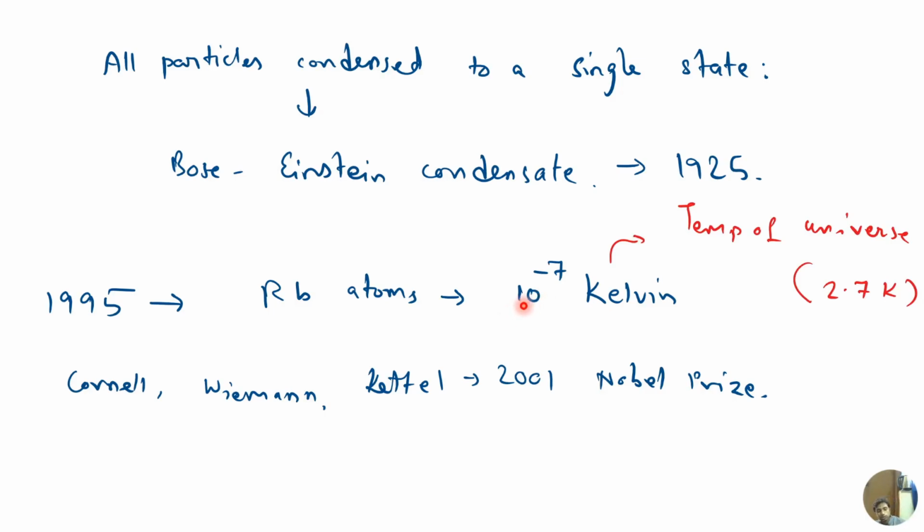It was first shown by Cornell, Wieman and Ketterle, and because of that they got the 2001 Nobel Prize. 2.7 Kelvin is the temperature of the universe, and going lower than that is a very big technological challenge. So even though the Bose-Einstein condensate was predicted in 1925, it took around 70 years to achieve it experimentally.